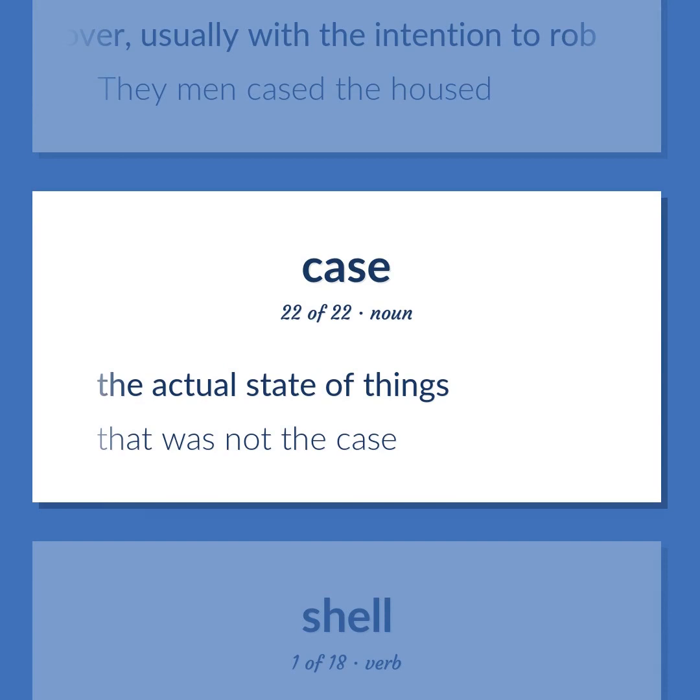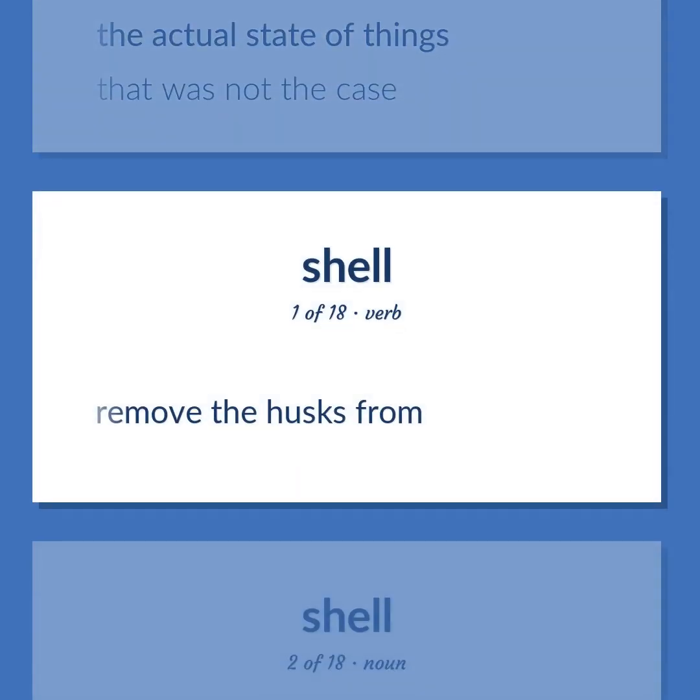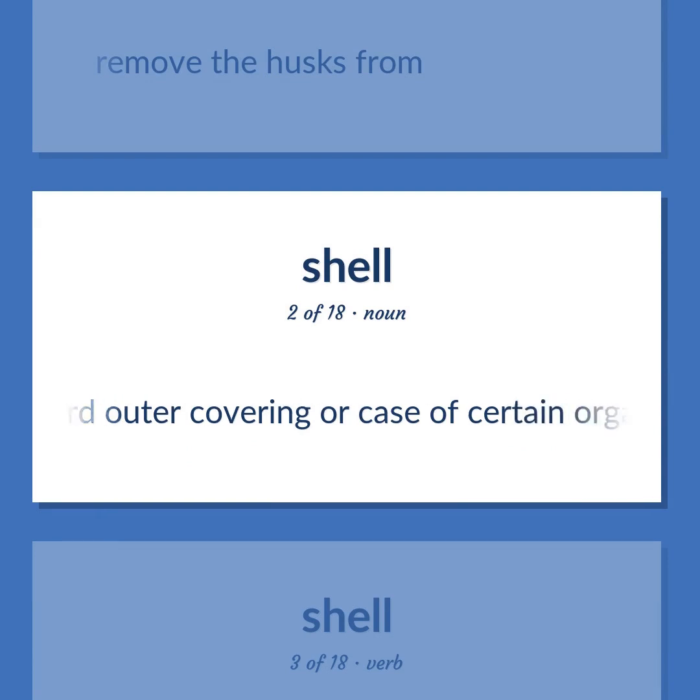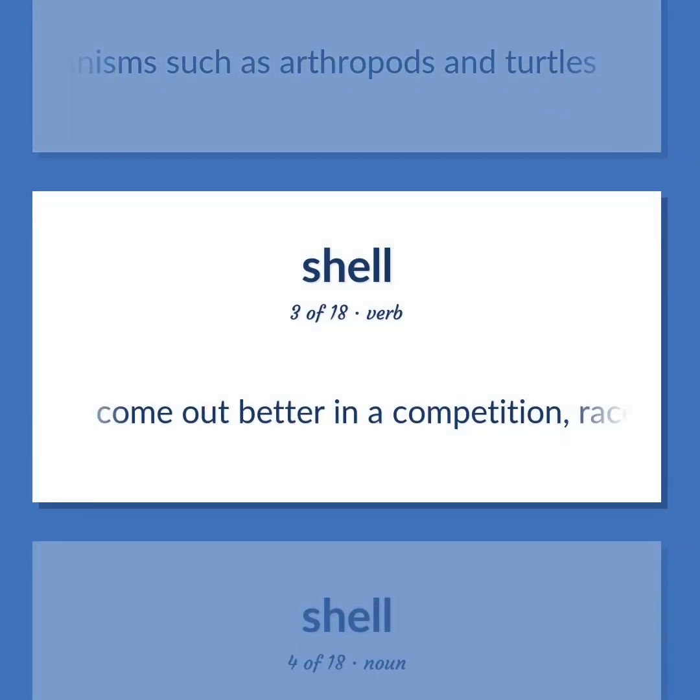The actual state of things. That was not the case. Remove the husks from. Hard outer covering or case of certain organisms such as arthropods and turtles. Come out better in a competition, race, or conflict.